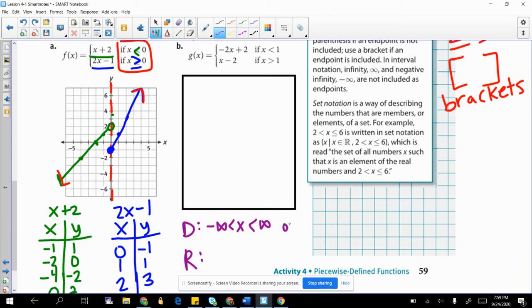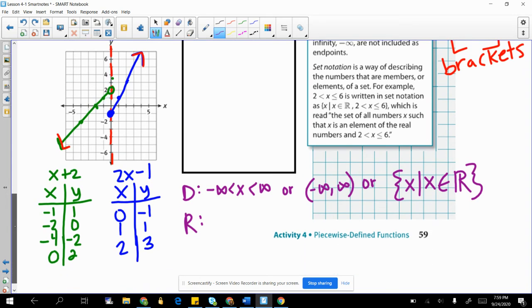Or we could say parentheses, -infinity to +infinity. Or we could say set notation, x such that x is an element of all real numbers.